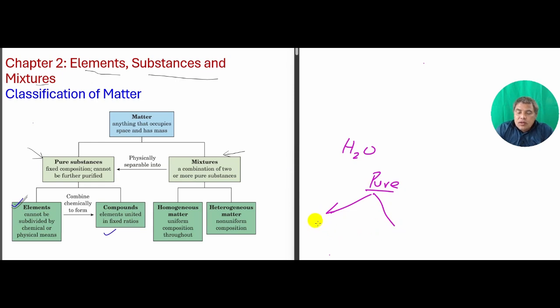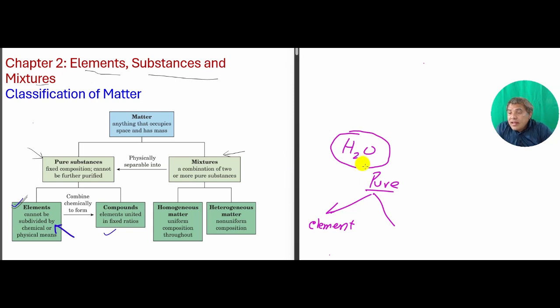For example, water is also a pure substance, but that is a compound.